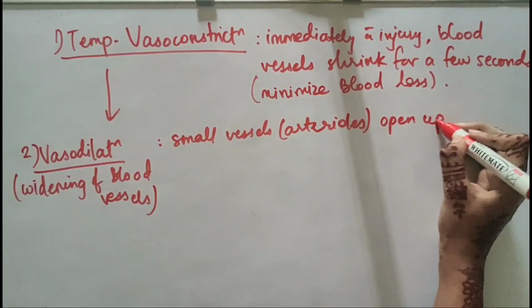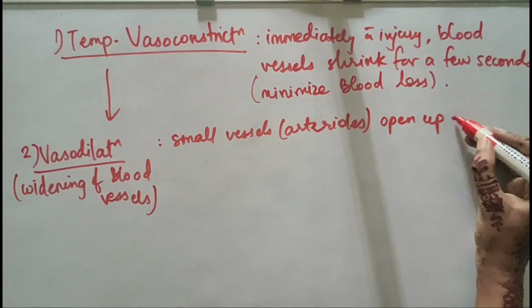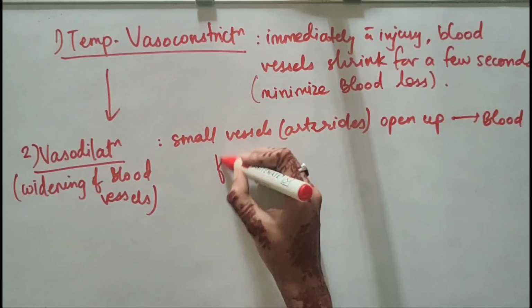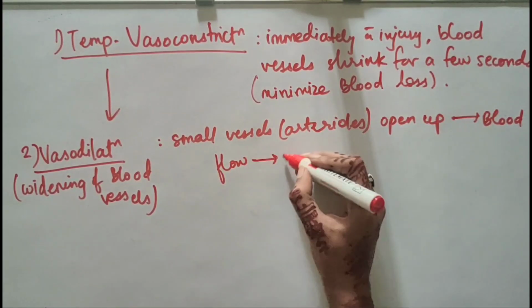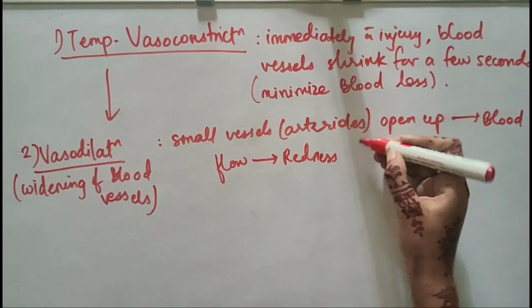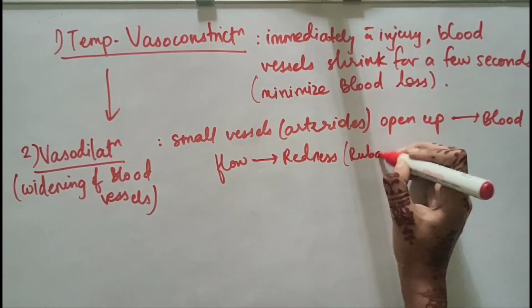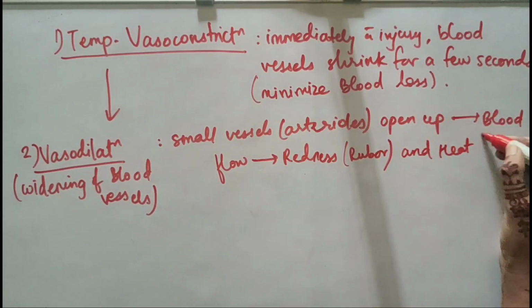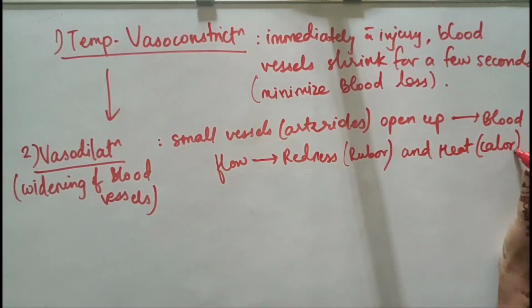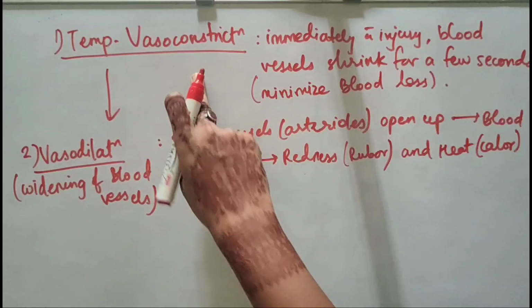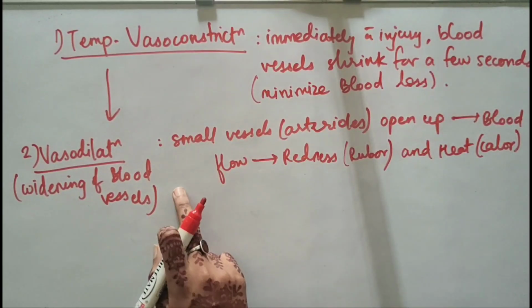Okay, they widen up. Now this increases the blood flow and further increases the redness. Remember the sign of inflammation, redness is rubor, and heat, that is calor. Okay, so first temporary vasoconstriction and later we have the vasodilatation.